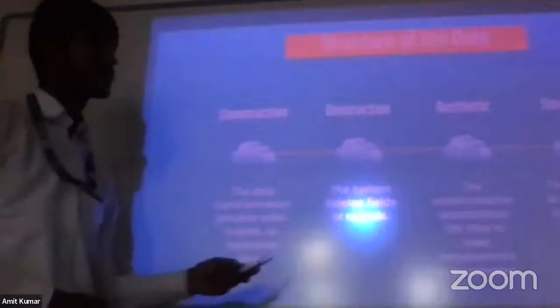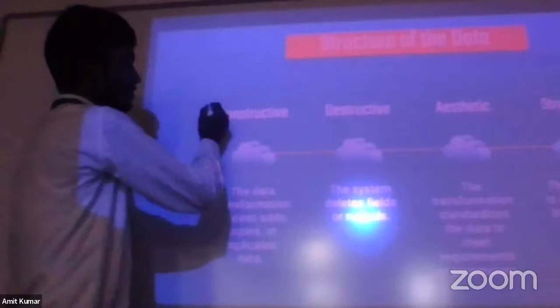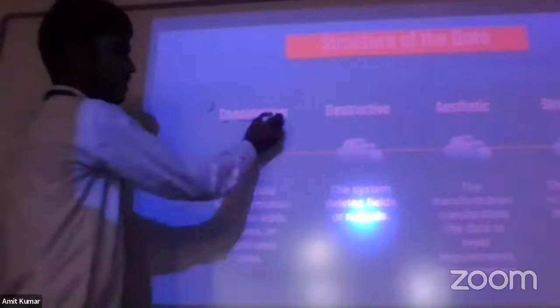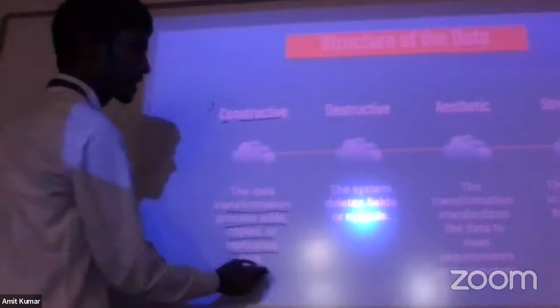I have an example. Rohit has completed this topic of the structure of the data. Then the analyst takes up first the constructive structure for the transferring process: add, copy, or replicate data.